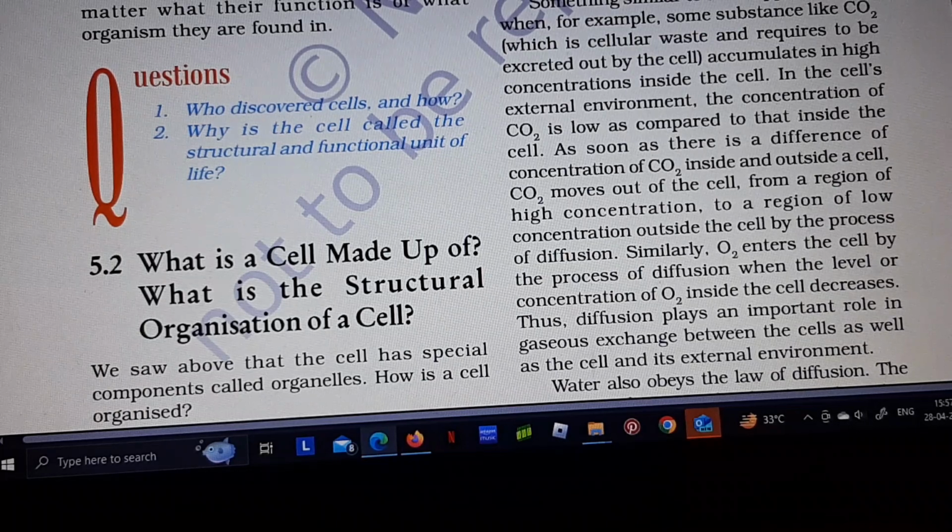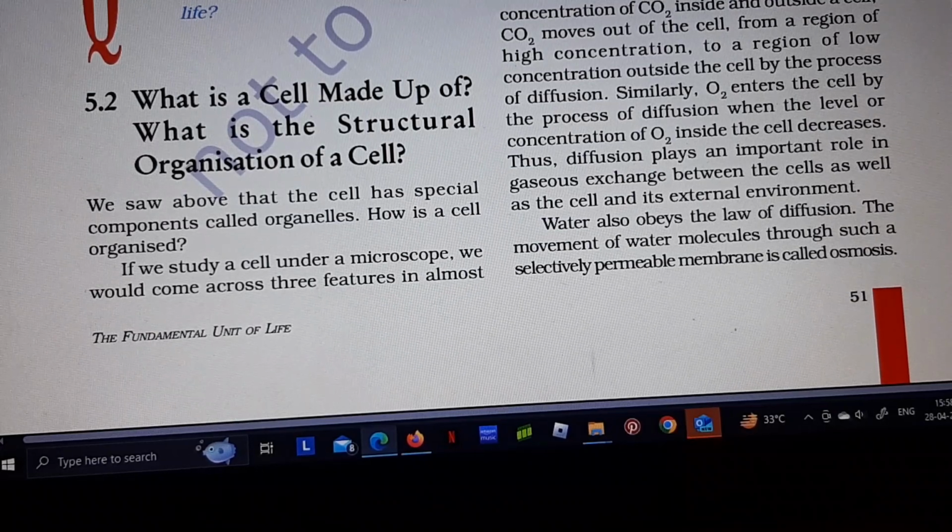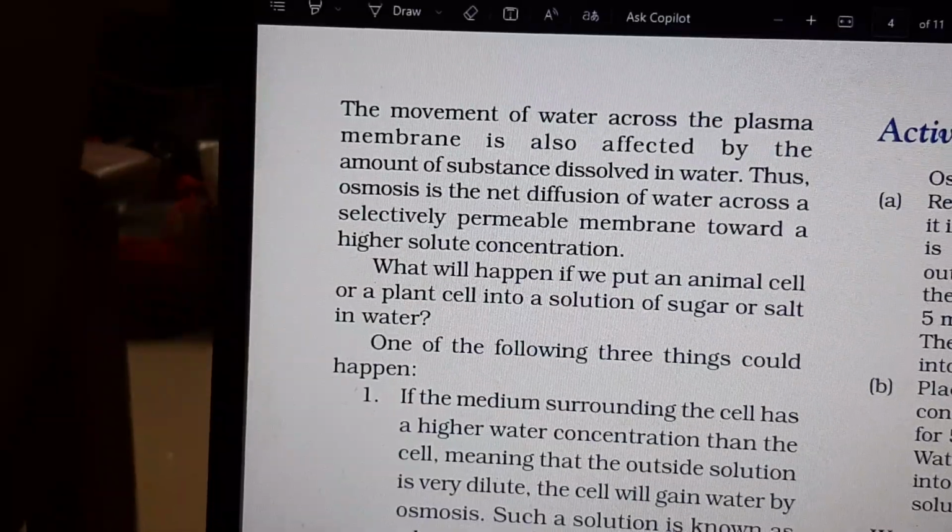Thus, diffusion plays an important role in gaseous exchange between the cells as well as the cell and its external environment. Water also obeys the law of diffusion. The movement of water molecules through such a selectively permeable membrane is called osmosis.